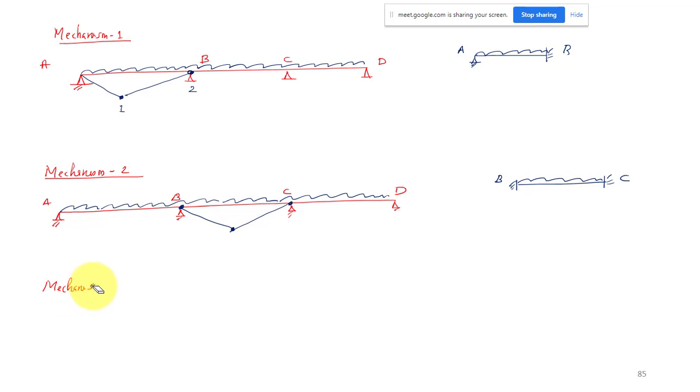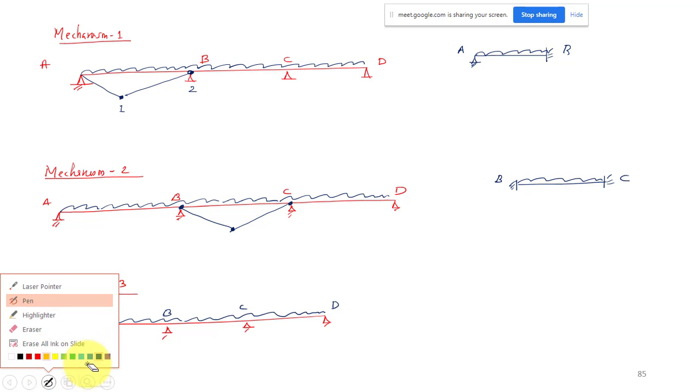Mechanism 3. So we have your continuous beam, and this is the loading. Again CD, there can be failure in the span CD.